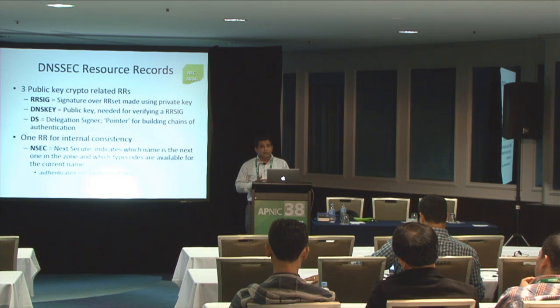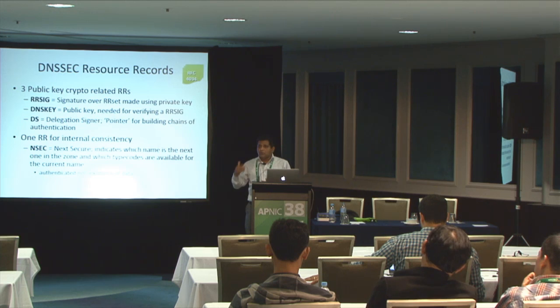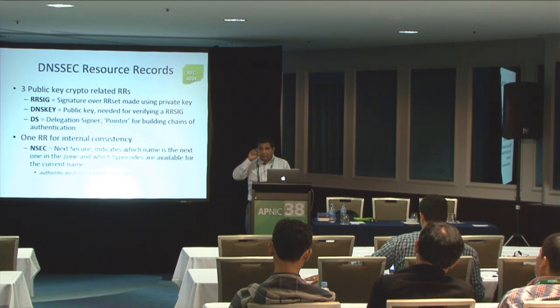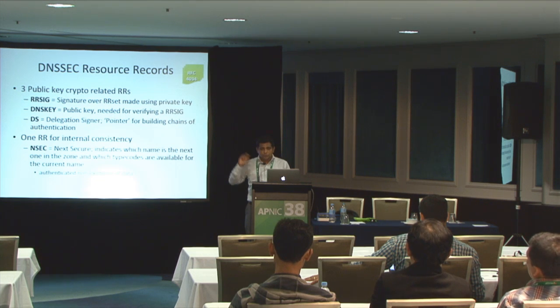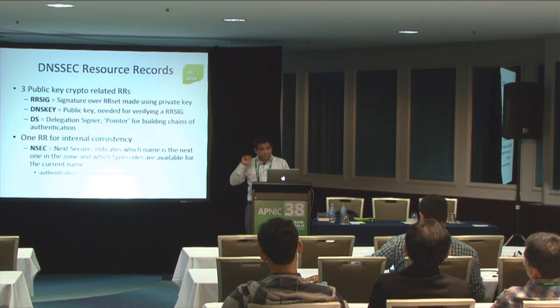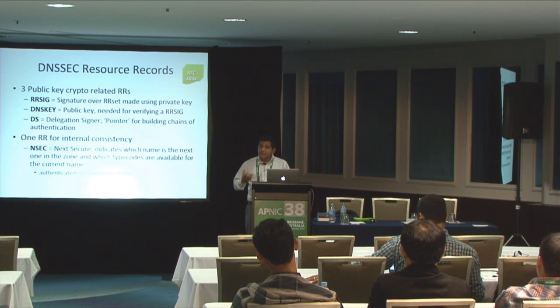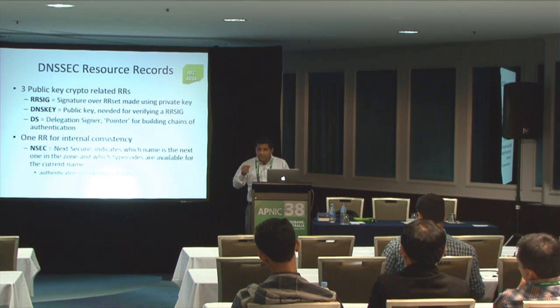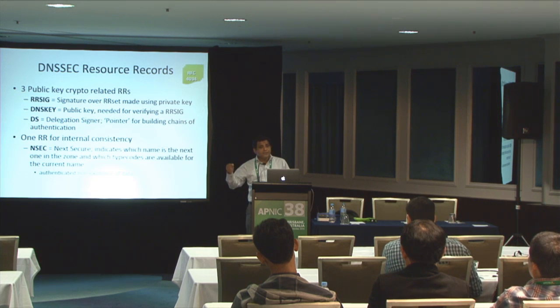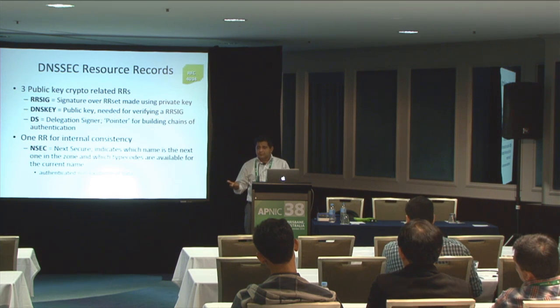When I say sign our zone, it means we are signing the zone data. So we have resource records. In fact, we have resource record sets, A records, MX records, and so on. So we do sign these resource record sets using our private key, okay? And when we sign this data, what we get is a signature. That's why we say sign, right?